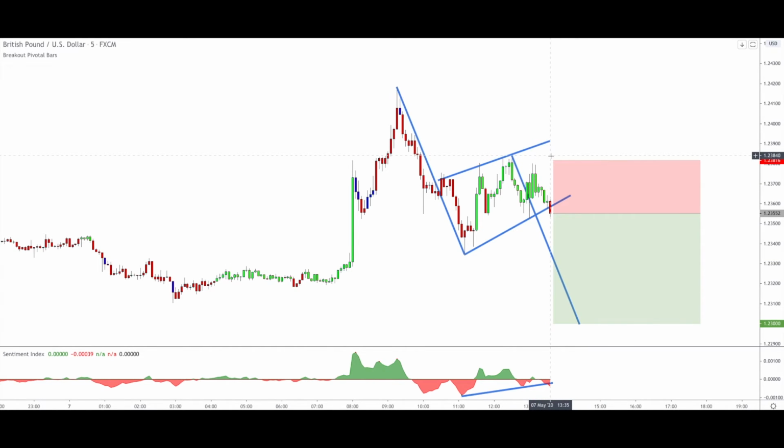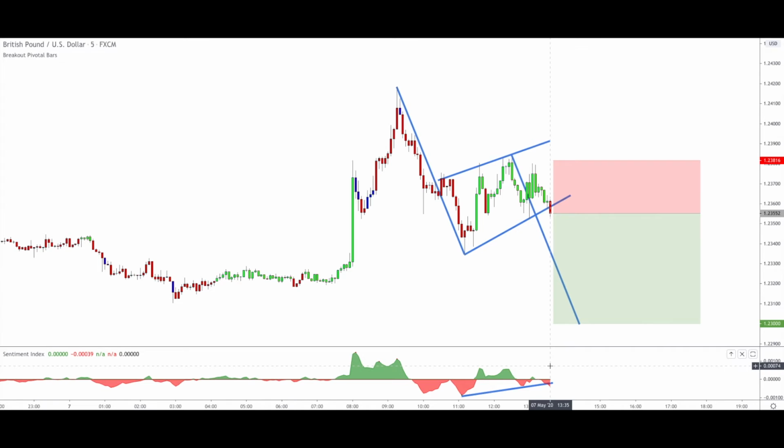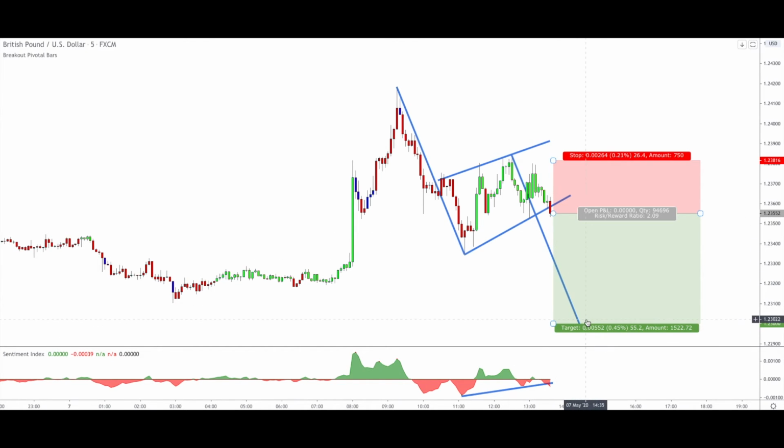My setup is made up by the Breakout Pivotal Bars breaking down with a red candle and the sentiment index breaking down at the same time. So there is a very high chance that we will get to the target. But of course, we always give the price some room to go in the opposite direction.